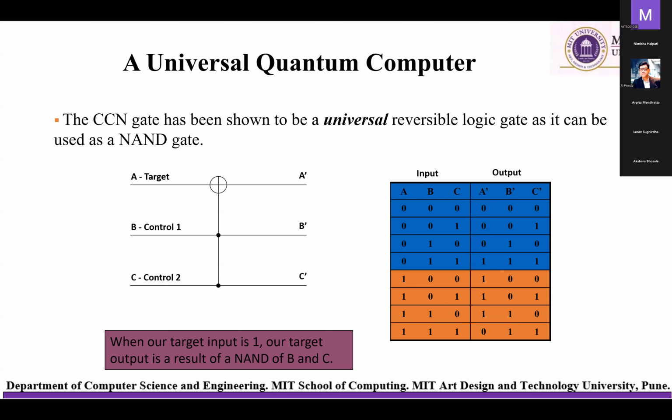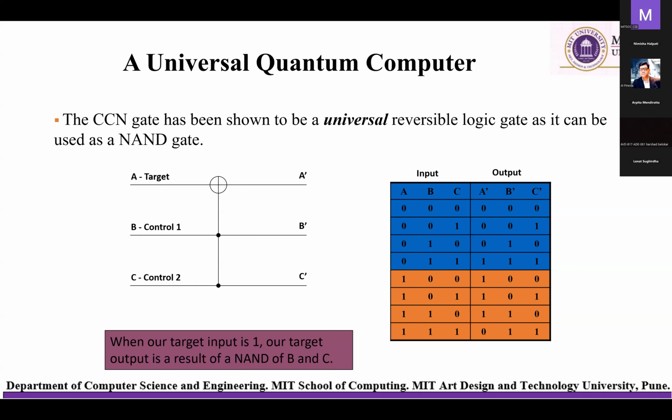This is because it can be used to simulate the NAND gate, which is fundamental in classical logic for performing logic operations. By applying the CCN gate, the system behaves in a way that is equivalent to the NAND gate operation when the target qubit is 1.